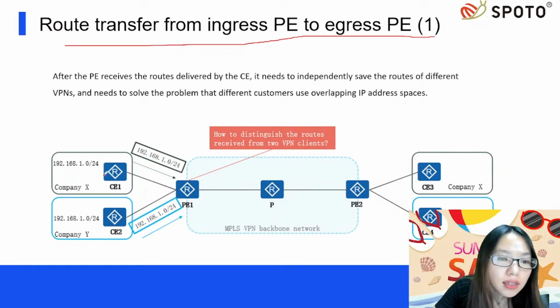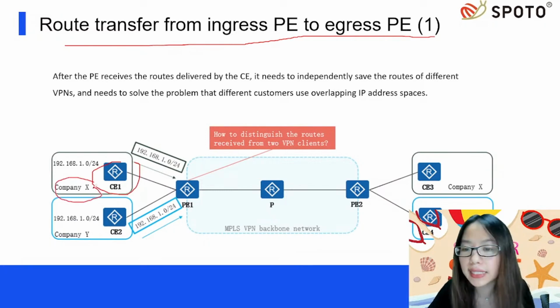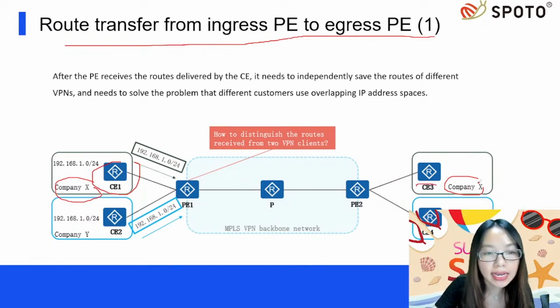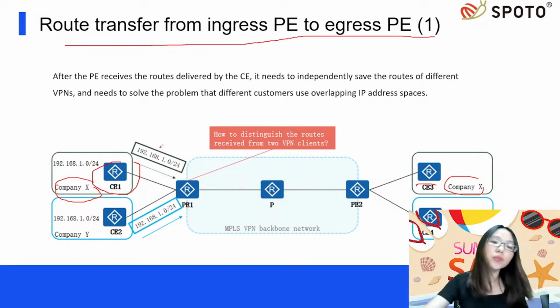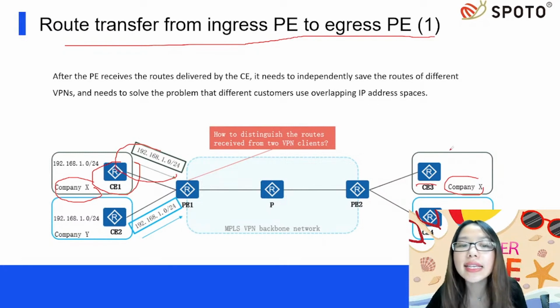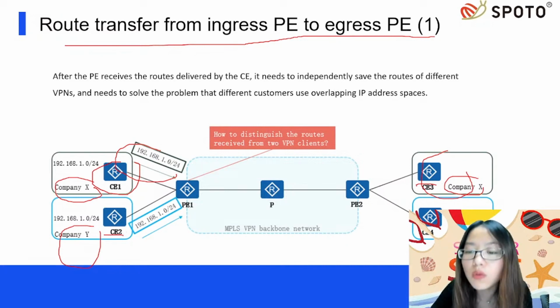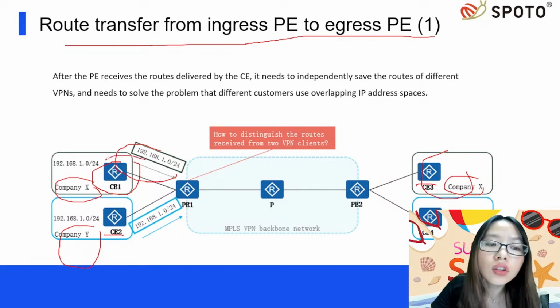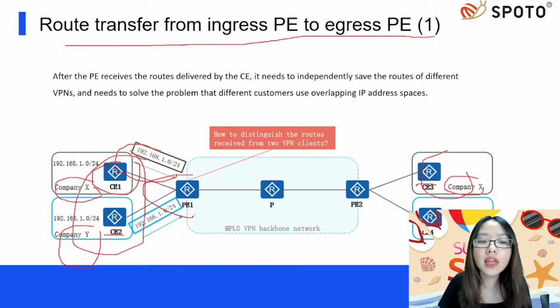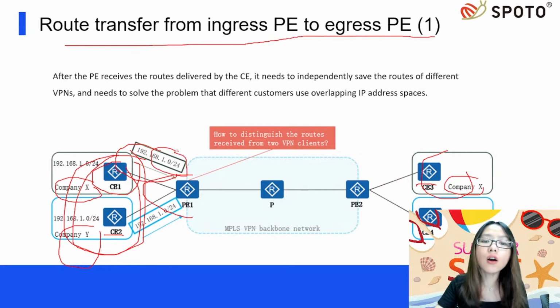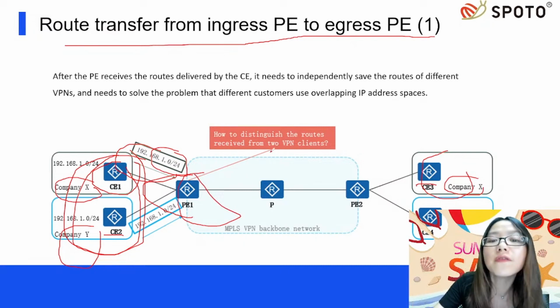If CE1 belongs to company X, and CE3 also belongs to company X, and CE1 wants to transfer a route to CE3, but CE2 and CE4 belong to company Y, and PE1 receives routes from the two CEs and the routes are the same, how do we distinguish the routes received from two VPN clients?